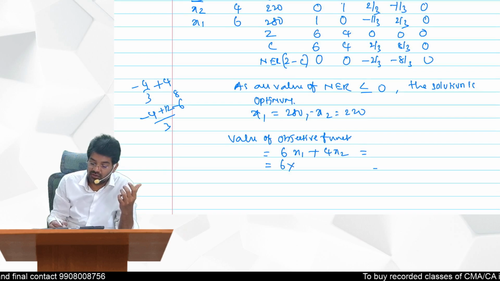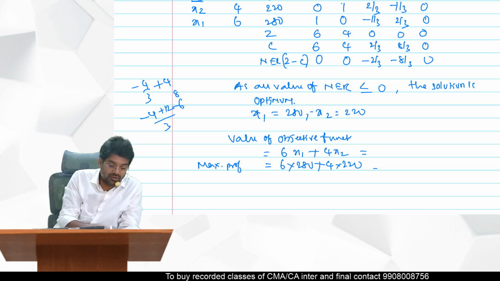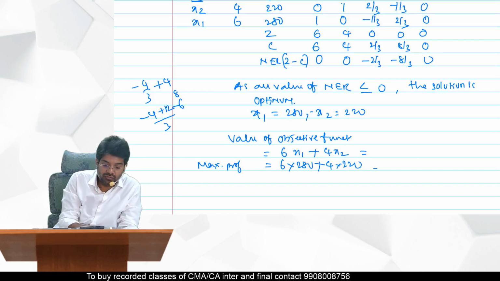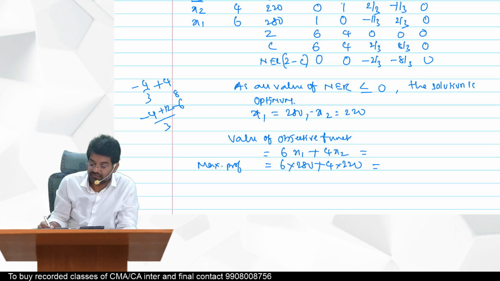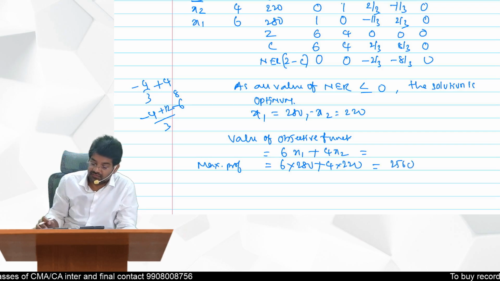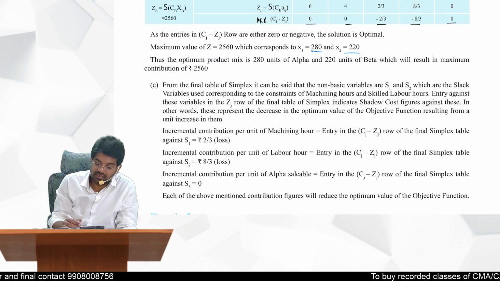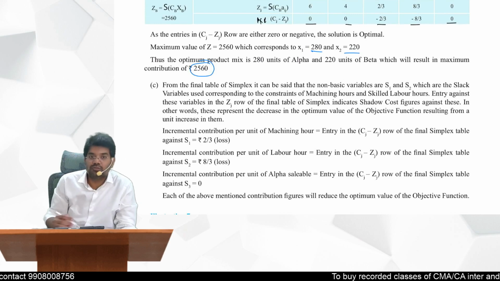So 6 into 280 plus 4 into 220, if you do, then you will get the maximum profit. 280 into 6, 220 into 4, grand total 2560. That is the answer. You can check now. 2560 is the maximum contribution or profit.